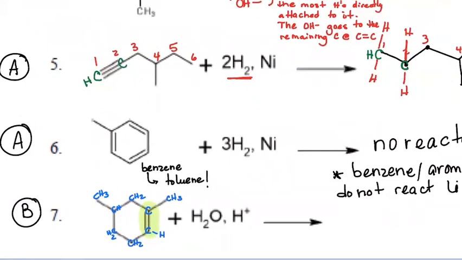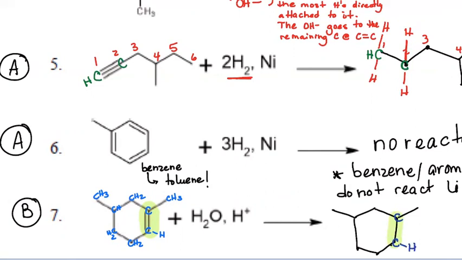So when I redraw the molecule, I redraw it without including the carbon-carbon double bond. There's a methyl here, there's a methyl here. And this is where my double bond was. There was a carbon atom right here, and a carbon atom right here with a hydrogen.